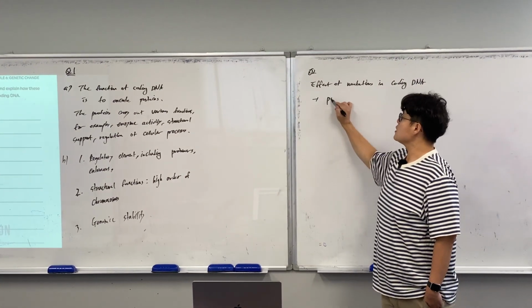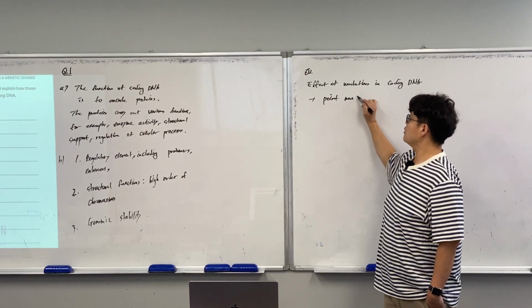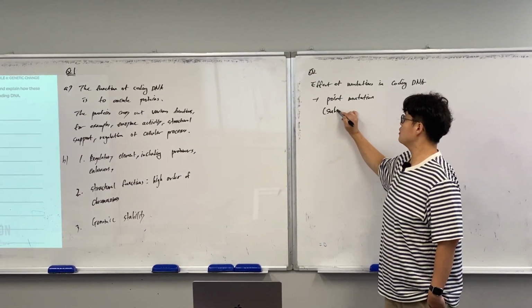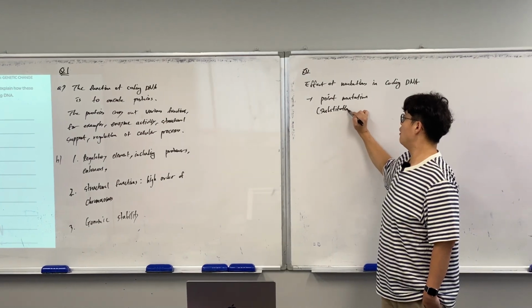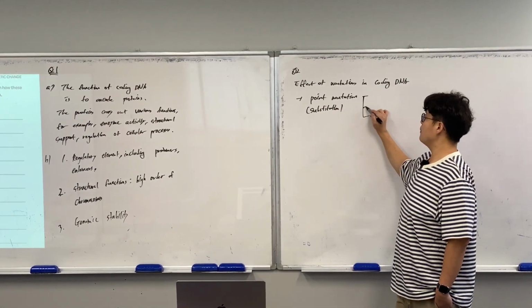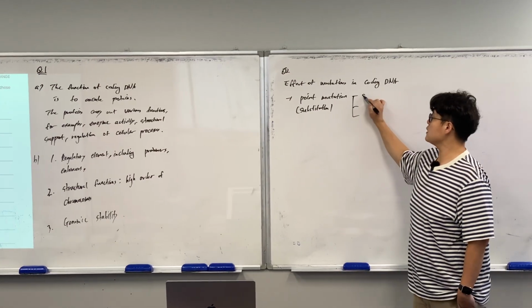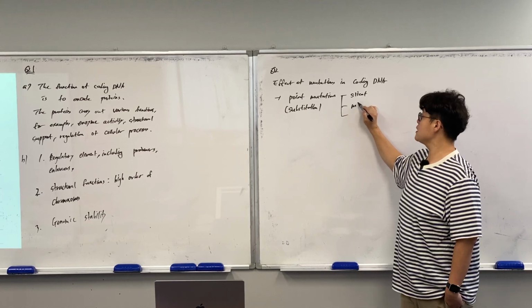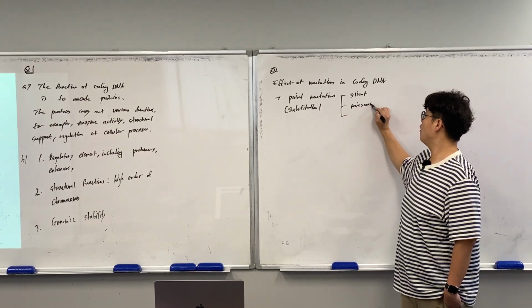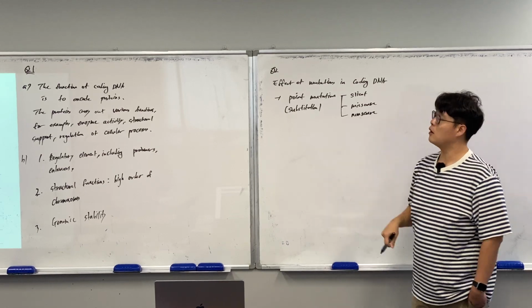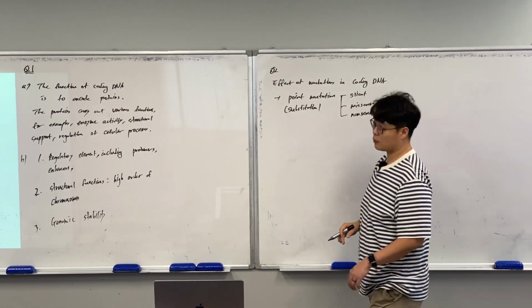It could be a point mutation, or you may say substitution mutations. Remember the point mutation could be silent, missense, or nonsense. All that will be included in the coding region mutations.